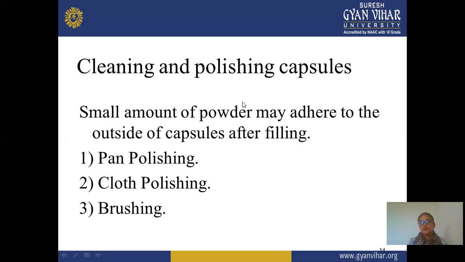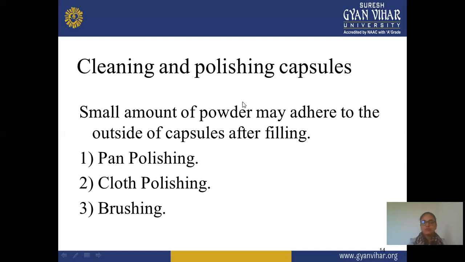A small amount of powder may adhere to the outside of the capsule after filling. Because there is a large number of capsules and this is a continuous process, some material may end up on the outer surface of the capsule. If this occurs, you use a removal procedure, polishing of the capsule. This may be pan polishing, cloth polishing or brushing.